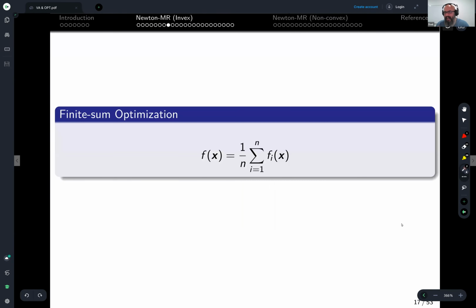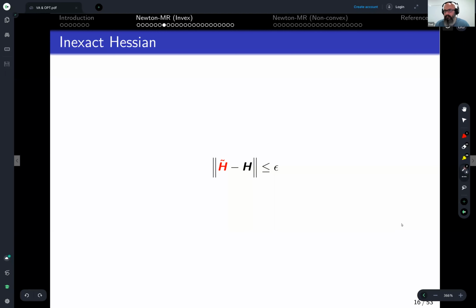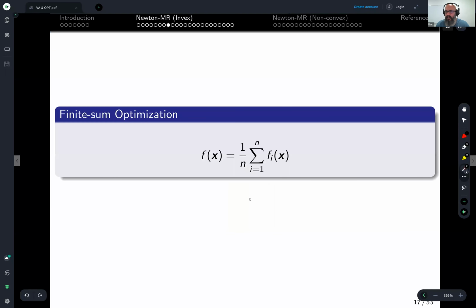And we can legitimately in practice form these H tildes very effectively by leveraging concentration inequalities and so on, in particular in the context of finite sum optimization, where your objective function is a sum of individual functions.